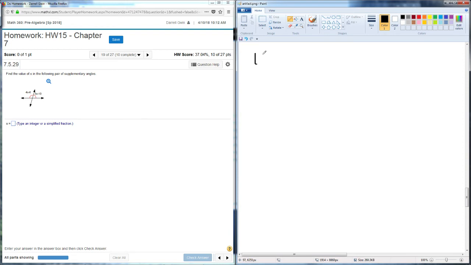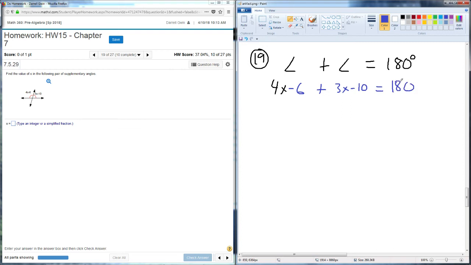Number 19. We have supplementary angles. The first angle plus the second angle is equal to 180 degrees. The first angle is 4x minus 6, and the other angle is 3x minus 10, equals 180.